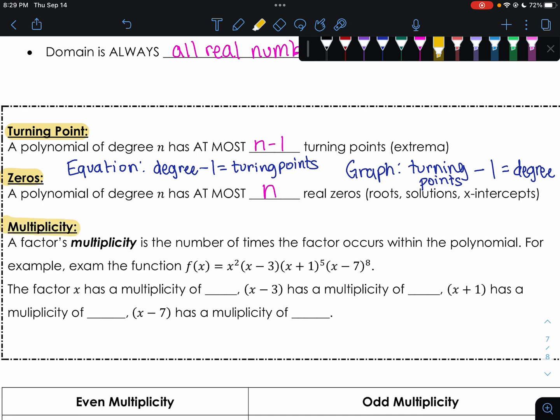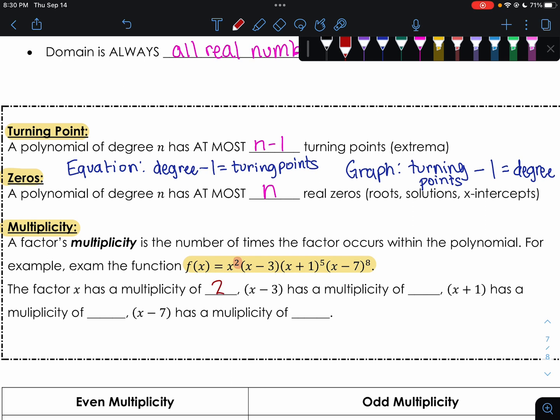Next, we have our multiplicity. This is how many times each factor occurs. So typically it has to deal with our exponents. So we have this polynomial function right here that we're going to examine. And we notice that the x, which is the very first thing, has an exponent of 2.